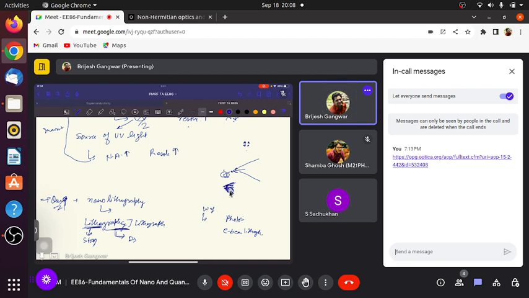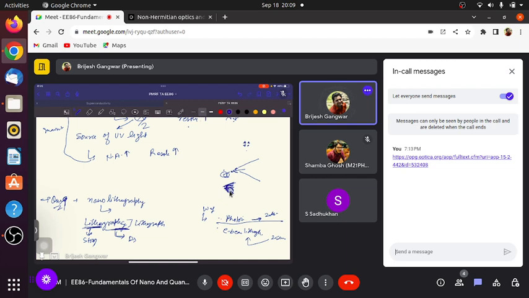See, if you have some structure of 2 micron or greater, then you can go with photolithography. If you have some structure less than 2 micron, if you want it precisely, then you should go for e-beam lithography. So the difference between these two is resolution.